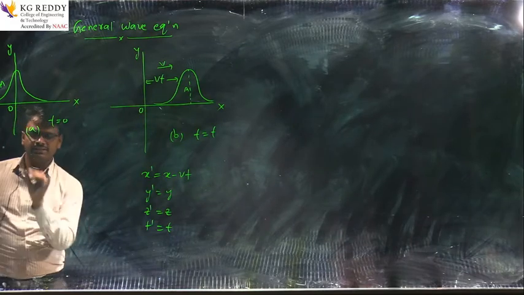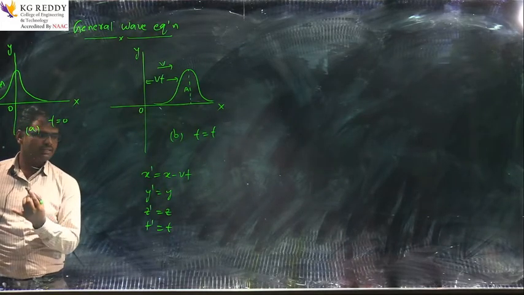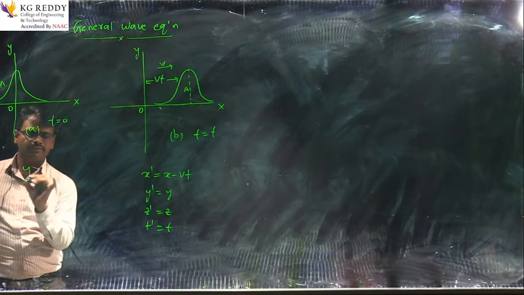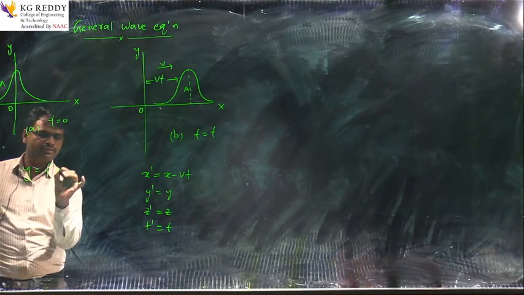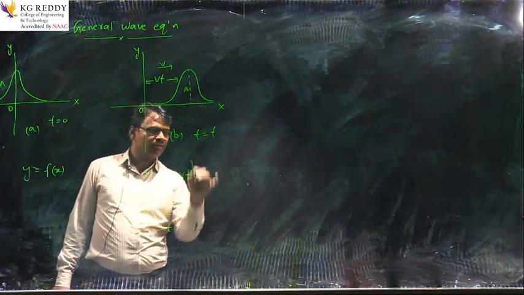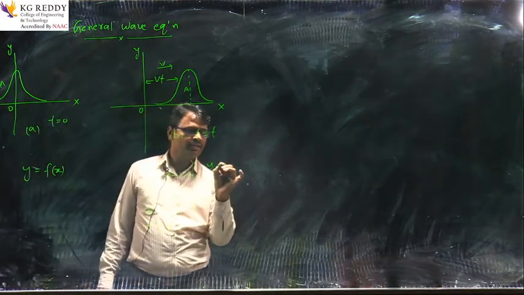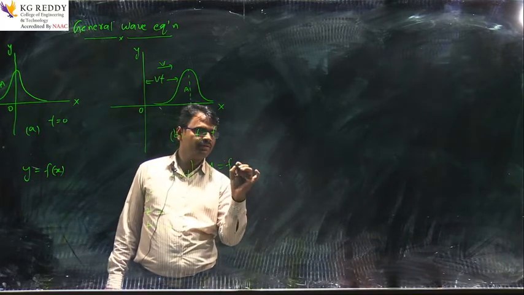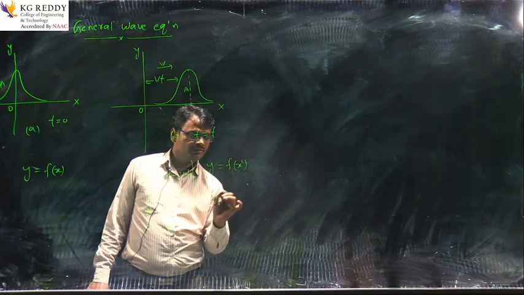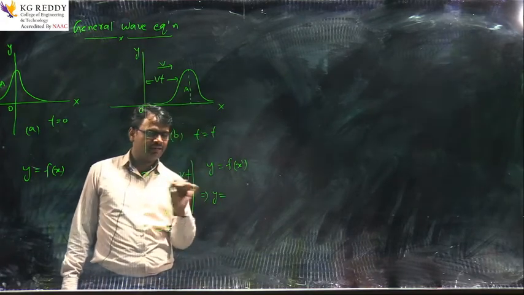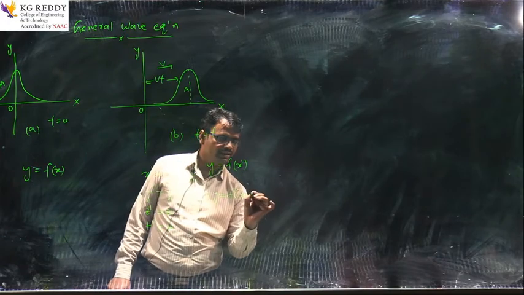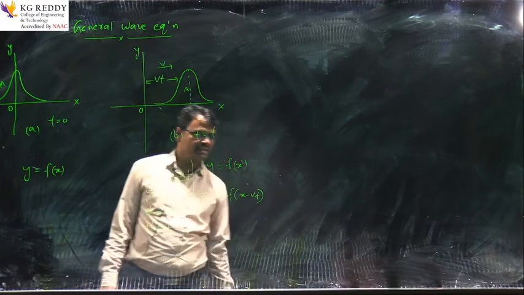In figure A case, the function is y equal to f of x. In figure B case, y equal to f of x dash. That implies, applying the Galilean transformation, x dash equal to x minus vt.